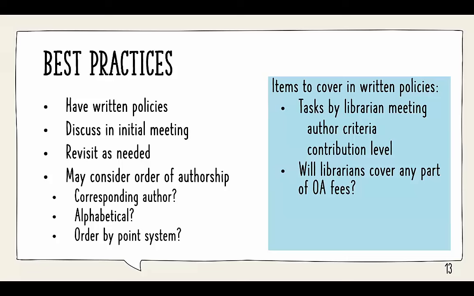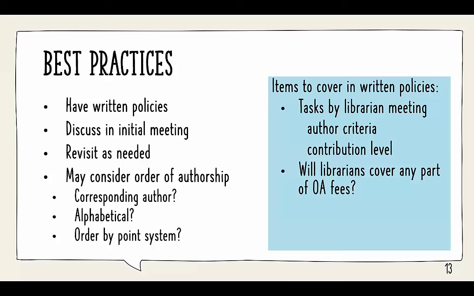It's a way of considering a point system, and whoever has the highest points is first author, something like that. So I think there are different tools out there. I usually have had good conversations around this, but of course it doesn't always work out like we hope it does.